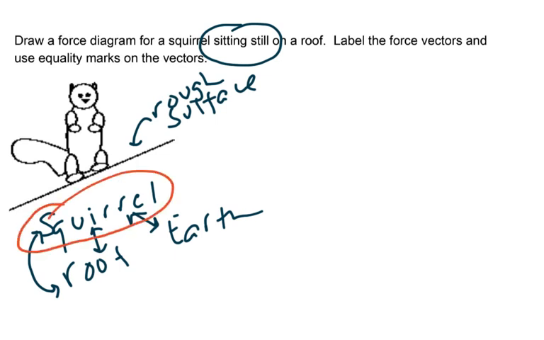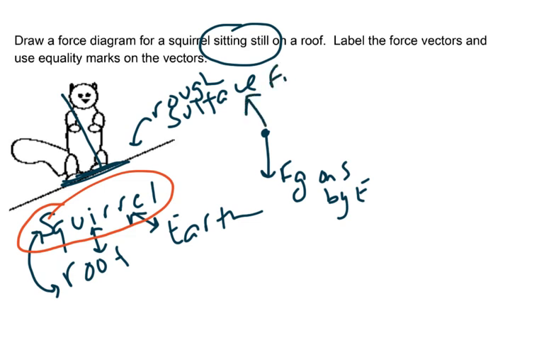So let's draw our force diagram. Let me draw it over a little bit because I need to have room to draw some of the force equations. Okay, gravitational force on the squirrel by Earth. Then we have a solid surface. The normal force rule is that it is perpendicular to the surface, so it is like that.